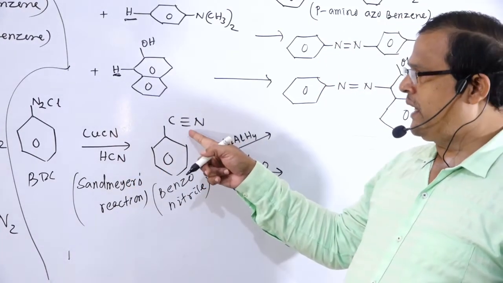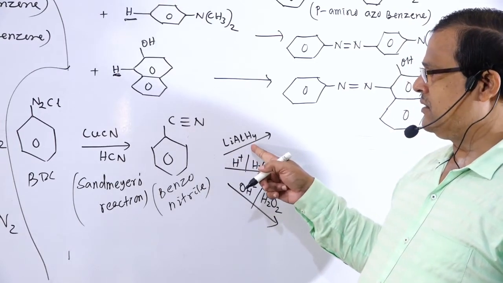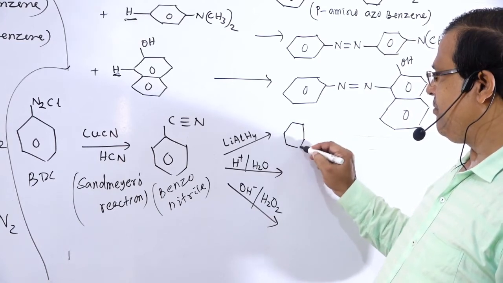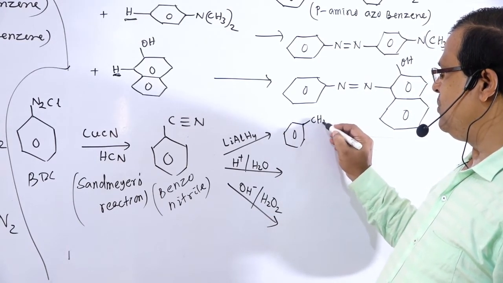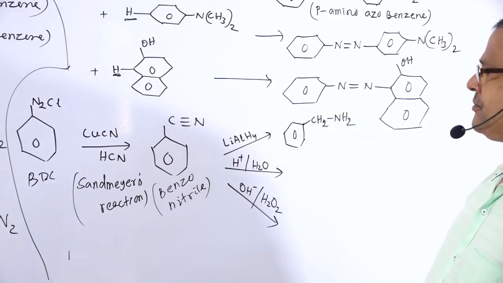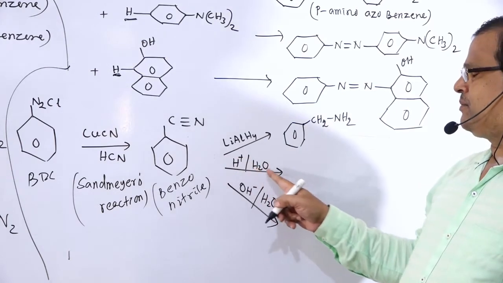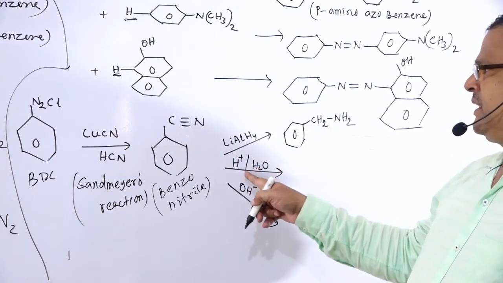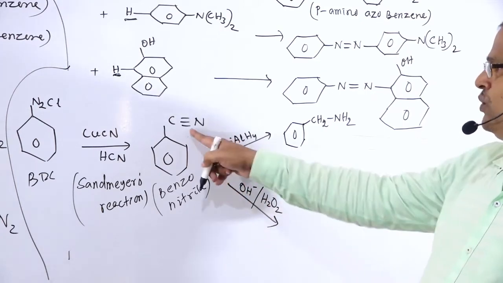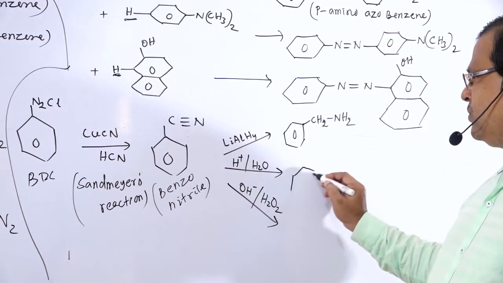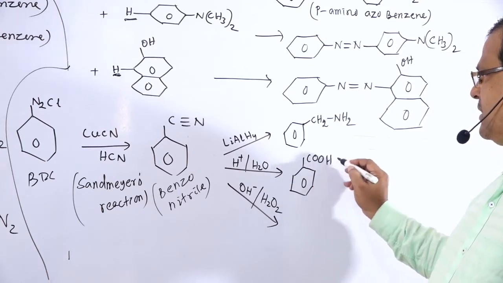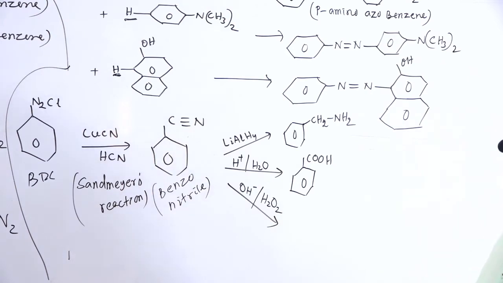So this benzonitrile, whenever it is reduced, there is the formation of CH2NH2, that is benzyl amine. When treated with H plus and water, that is acid hydrolysis, the CN group is converted to COOH group, that is benzoic acid.